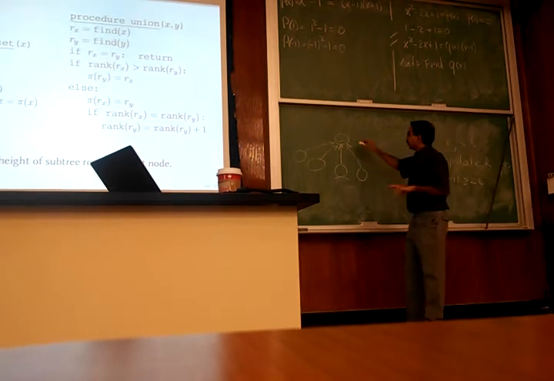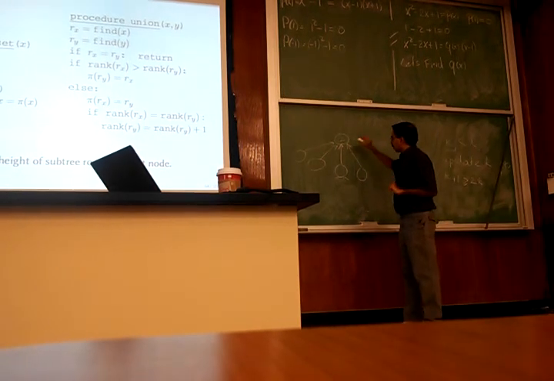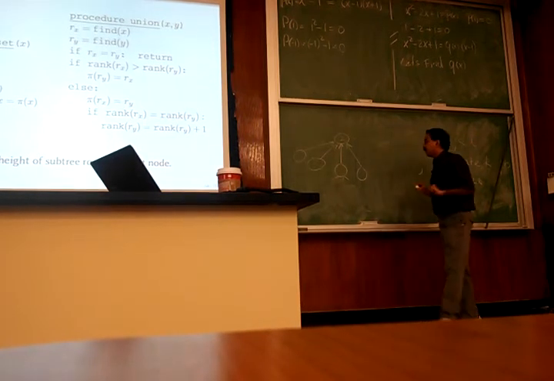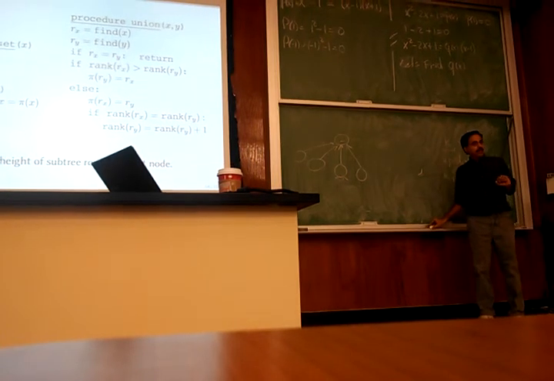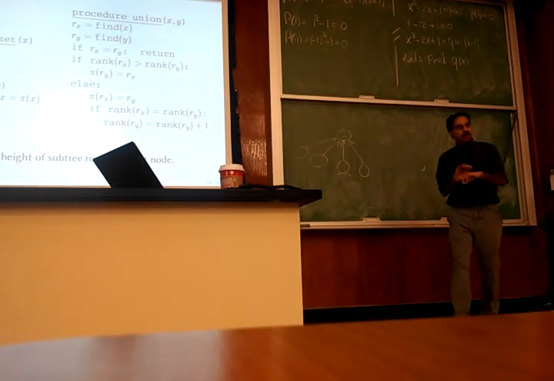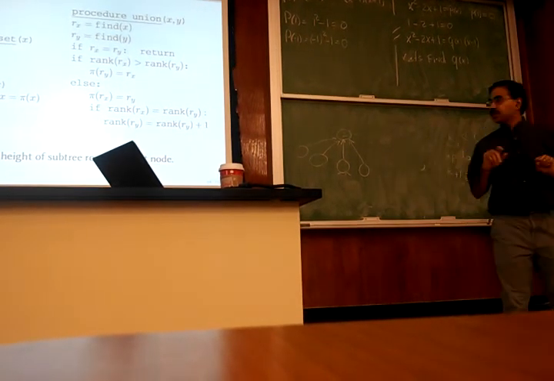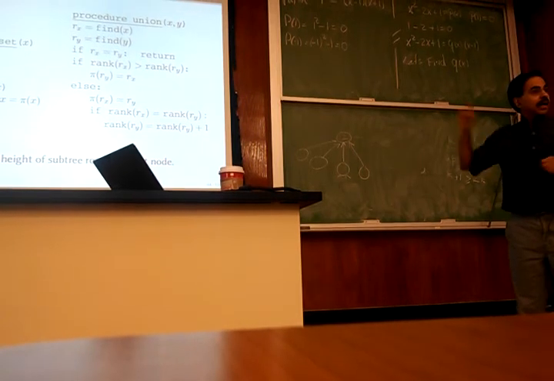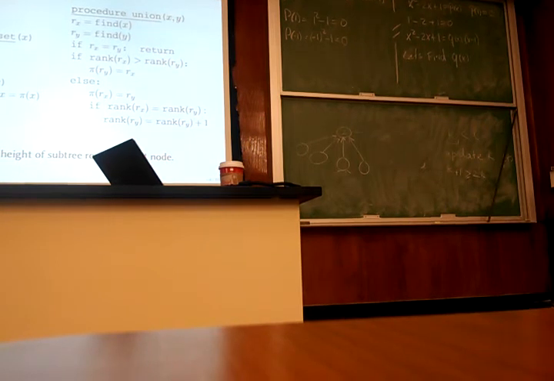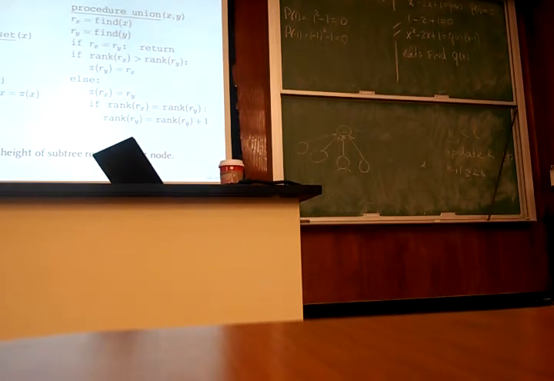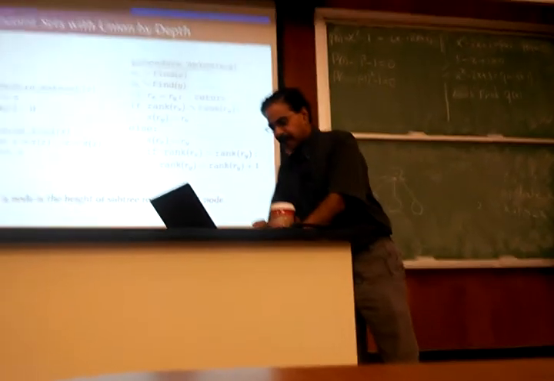So we are not going to really update the rank. As a result, over time, rank may end up being larger than the height of that tree. But don't worry about it. From now on, the term rank refers to what the algorithm has computed and stored on the node. That's what we call rank, and we will analyze using that quantity.